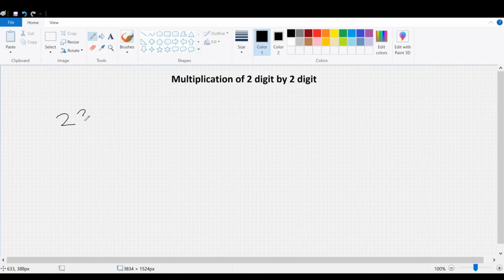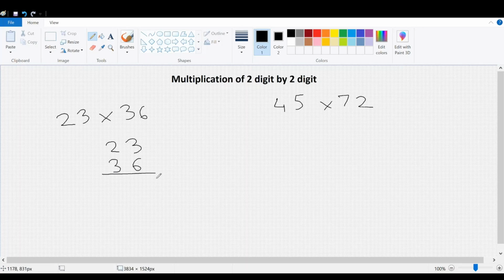Now try doing these two problems for me. 23 times 36 and let's do 45 times 72. The first step will be stack the numbers properly, and this is how I'm going to stack my numbers properly.